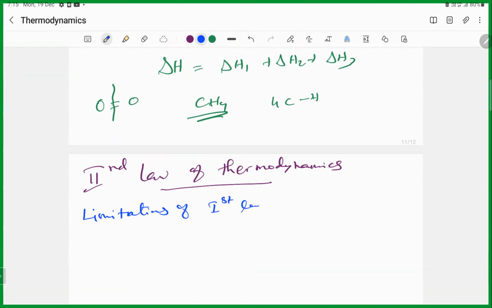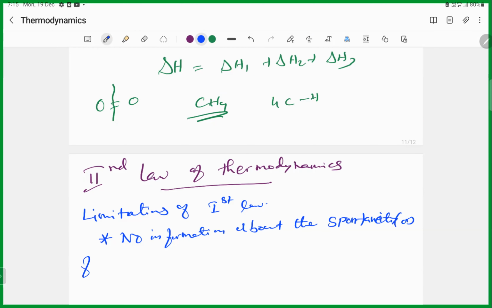In all cases energy is involved, but the first law provides no information about the spontaneity or feasibility of the process, that means whether the process is possible or not.